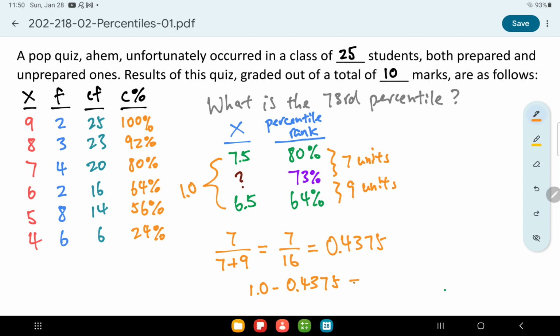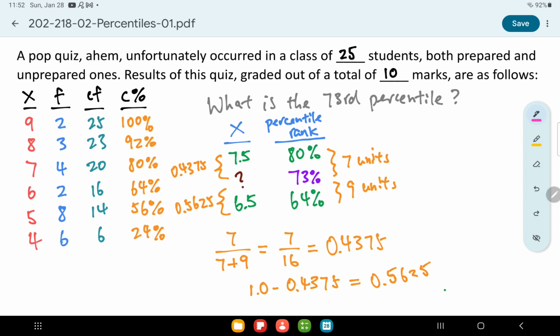Do you see? And we would obtain, now 0.5625 would describe the x-score in relation to how far it is above 6.5, and 0.4375 describes how far below the score of x of interest is from 7.5. And therefore, to conclude, responding to the question, what is the 73rd percentile?